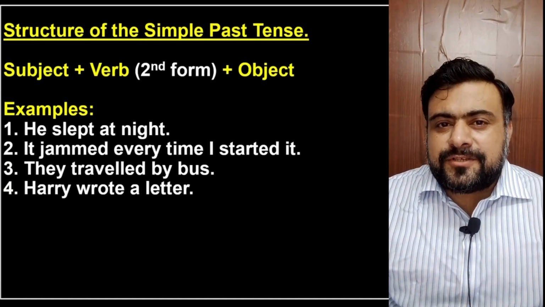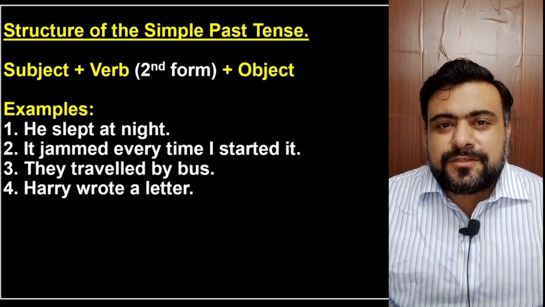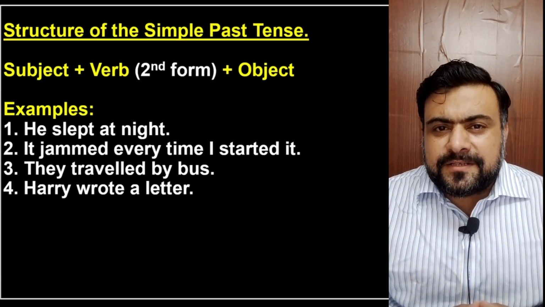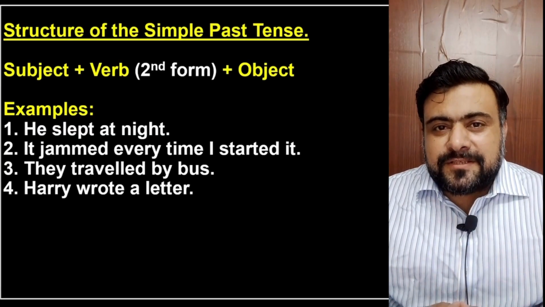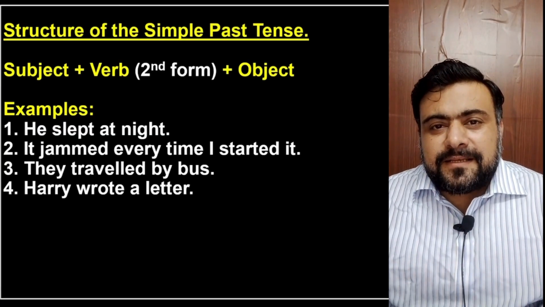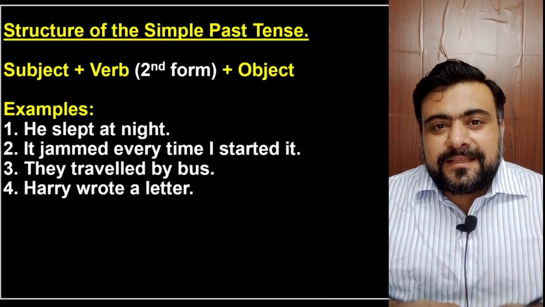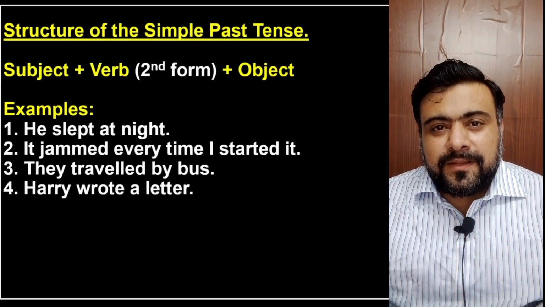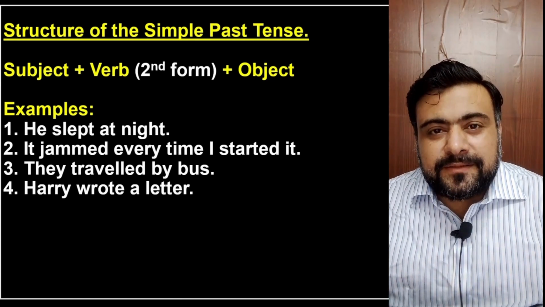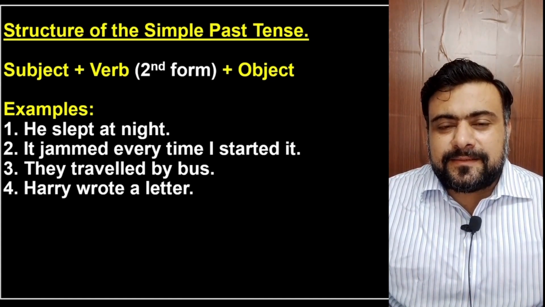Now, what is the structure of the simple past tense or the past indefinite tense? It's very simple. First, the subject plus the second form of the verb plus the object. For example, he slept at night.